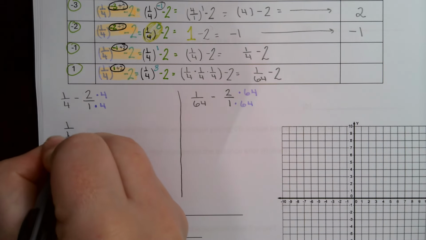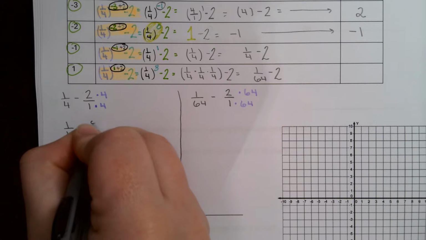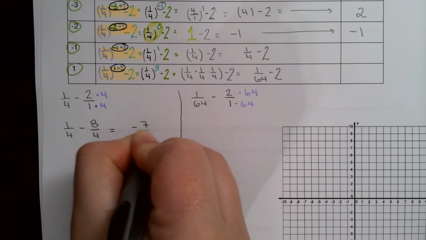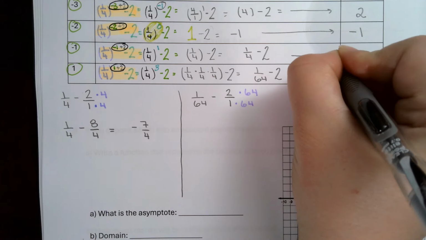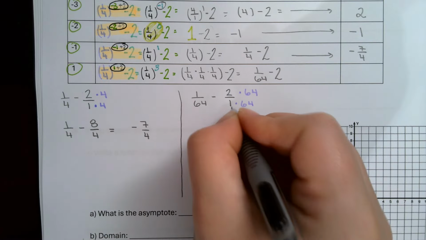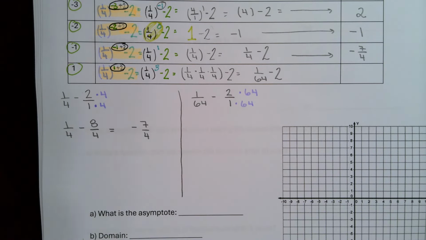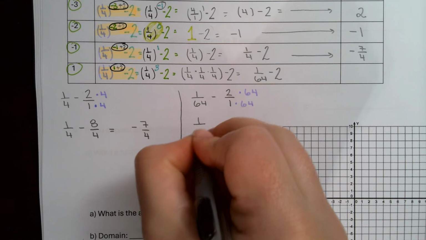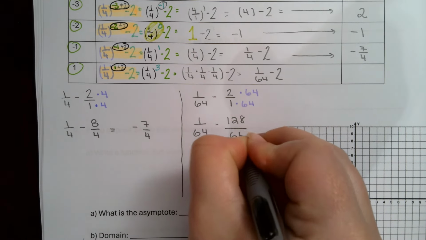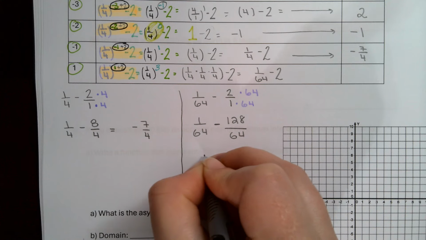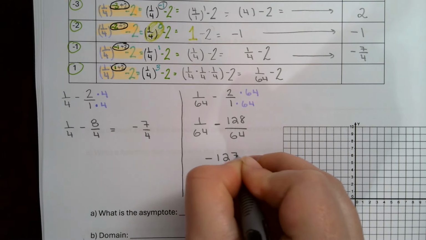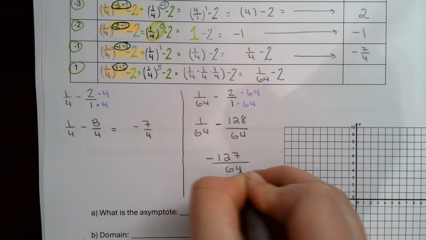I have 1 over 4 minus 4 times 2 is 8 over 4, which means I have a negative 7/4 here. 64 times 2 is 128 over 64. Subtract, so I have negative 127 over 64.